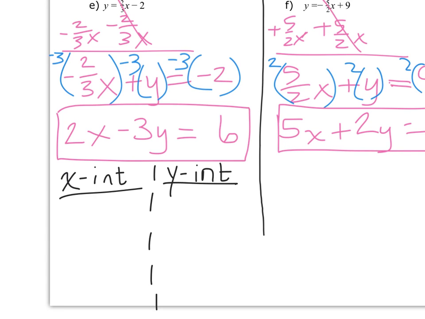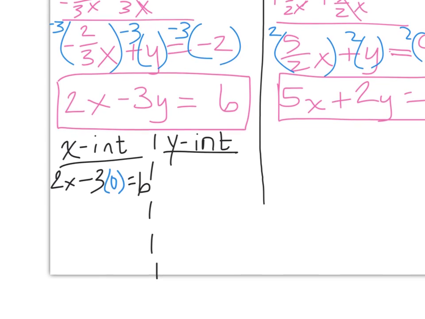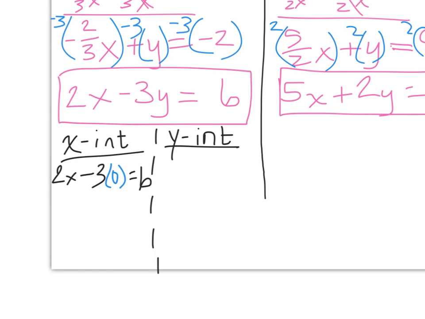So for the x-intercept, I'm going to plug 0 in for what? For the x-intercept, 0 is y. So I'm going to say 2x minus 3 times 0 equals 6. So 2x, because 3 times 0 is 0, that piece cancels, right?